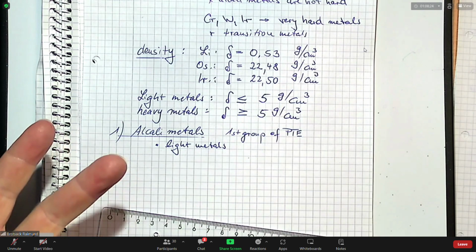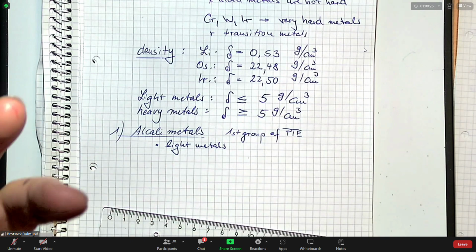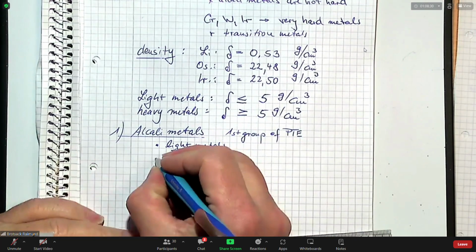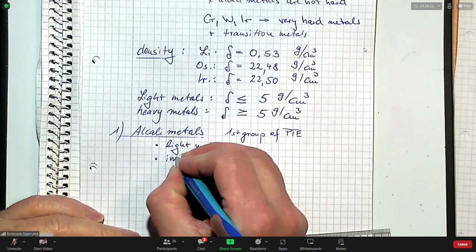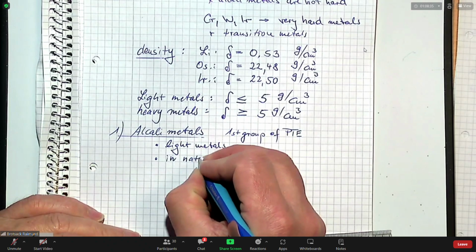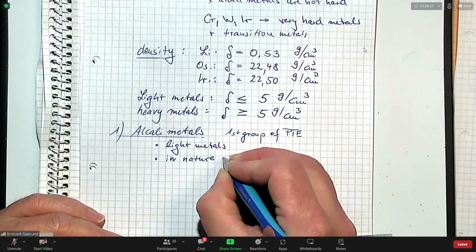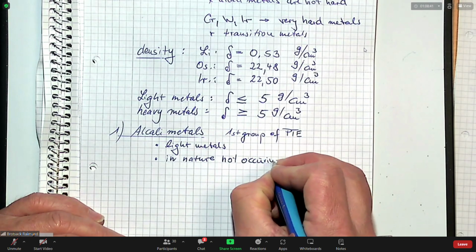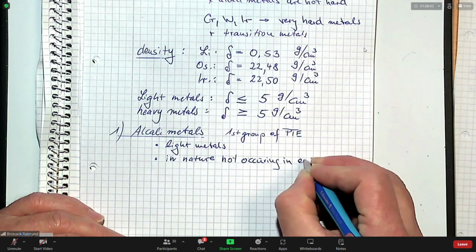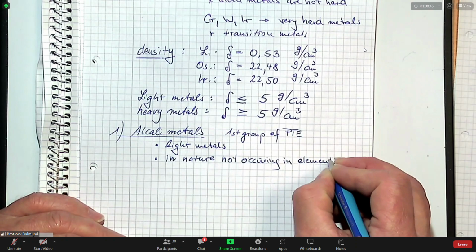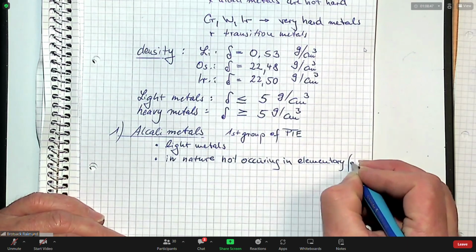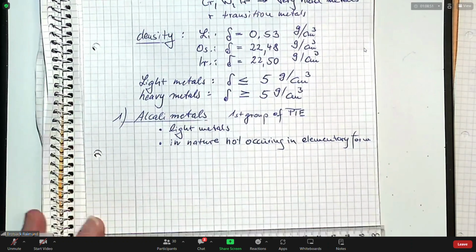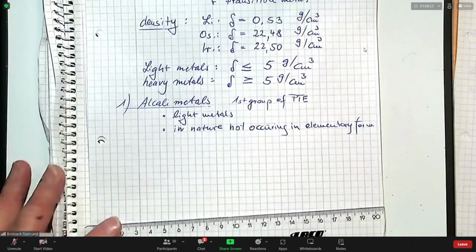And in nature, they are not occurring as elements, not in elementary form. That is what we even discussed quite several times.